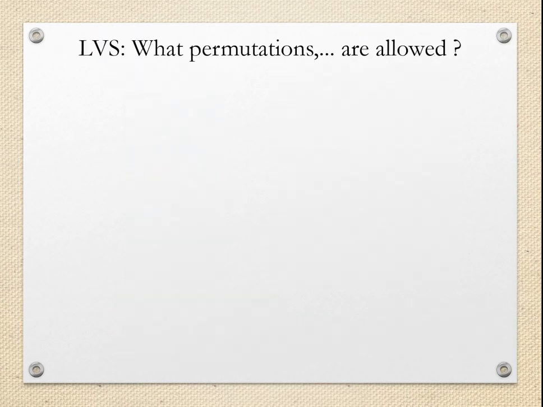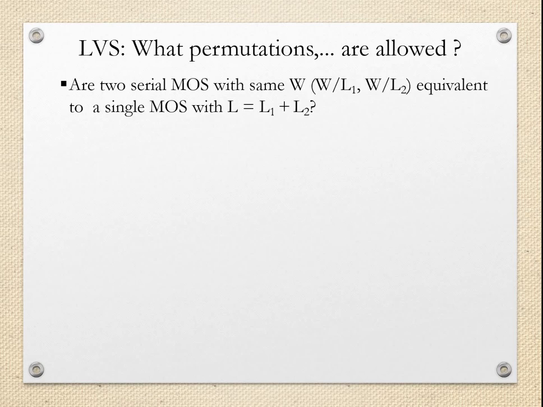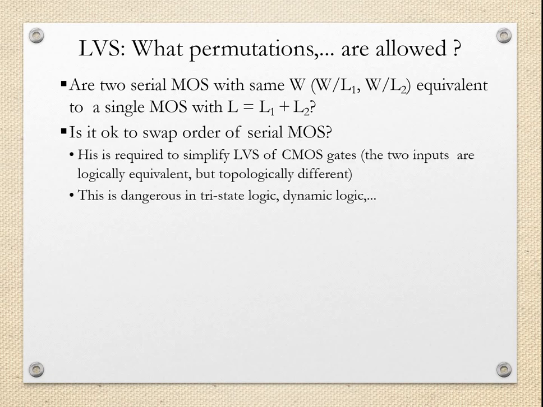So what permutations are allowed in this LVS? Are 2 serial MOS with the same W, W by L1 and W by L2, equivalent to a single MOS with L equal to L1 plus L2? Is it okay to swap the order of serial MOS? This is required to simplify the LVS of a CMOS gate.